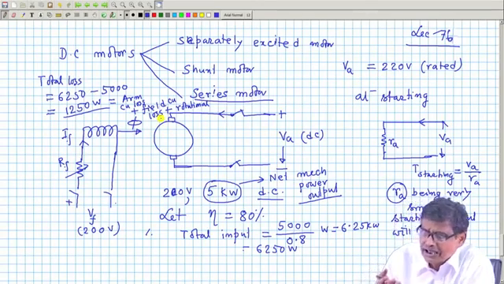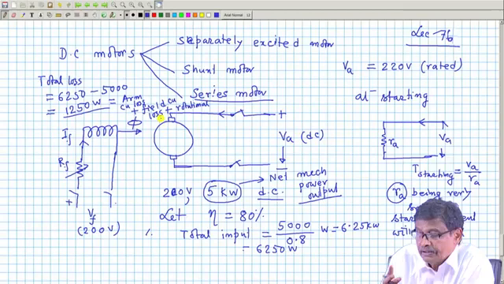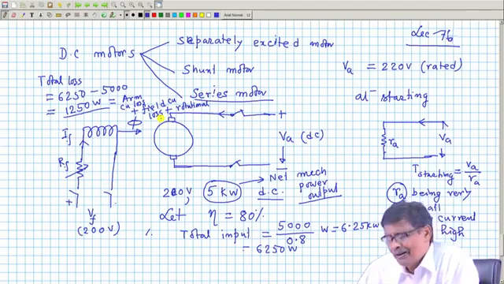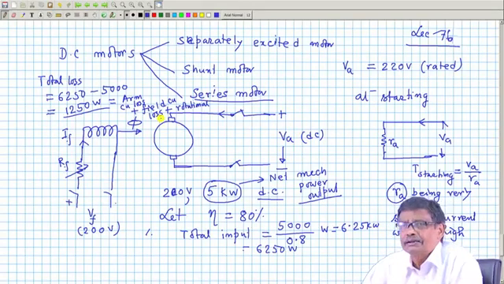Now, we do not have any idea of how this 1250 will be distributed among these 3 losses. I do not have any data. Let us assume equal weightage, 1/3, 1/3, 1/3.